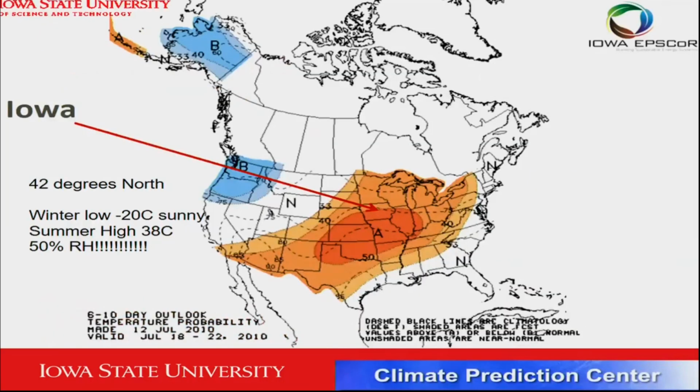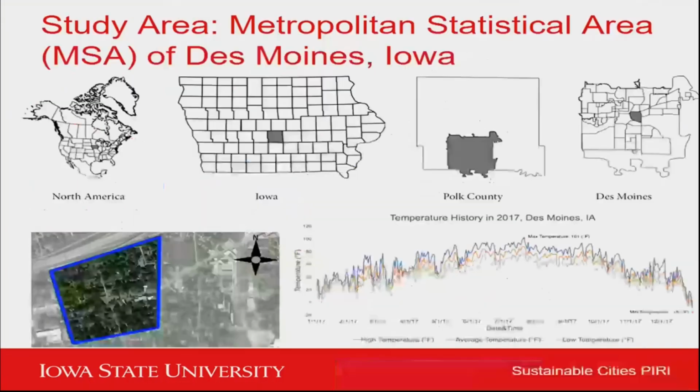And so, starting with the Iowa climate and some work we did on the building scale, we saw the Arctic vortex map earlier. The Midwest is one of the most extreme climates in the Northern Hemisphere. We have here our study area in Iowa, in the middle of the Midwest. It's a small neighborhood in the capital called Des Moines.